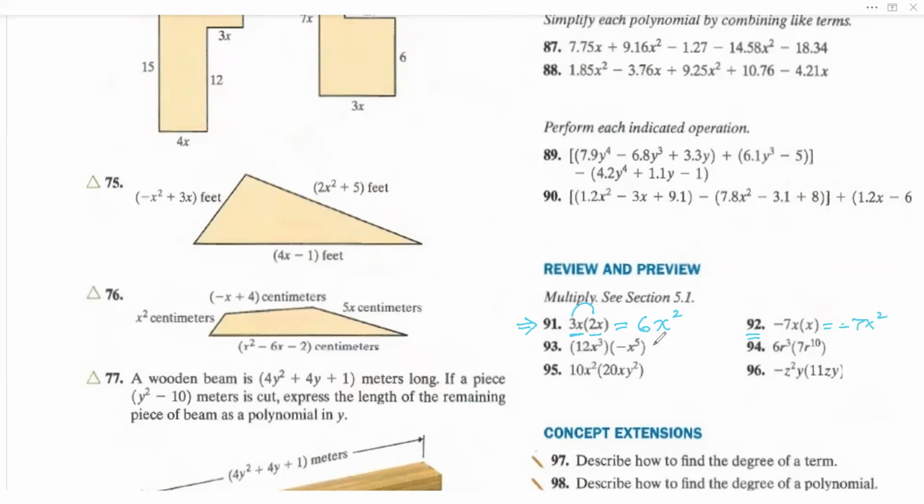I think this is pretty easy for everyone here. 93, here is negative 12x, so here becomes 8, right? x cubed times x to the power 5, 3 plus 5. So you can get it here. So here we got 42, 3 plus 10, got it here. Let's see 95. This is also two terms.